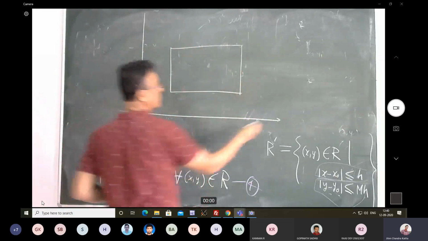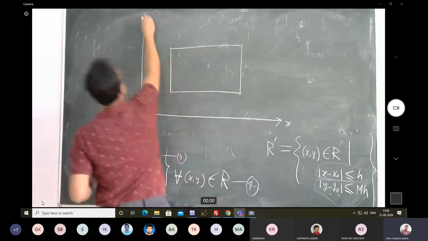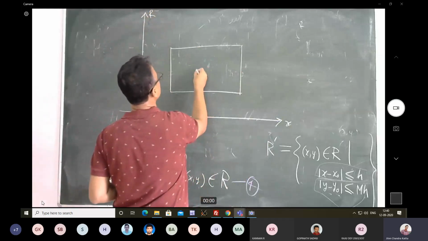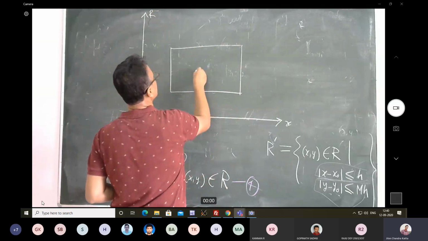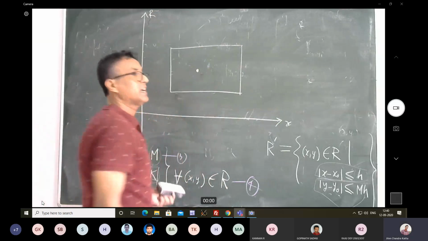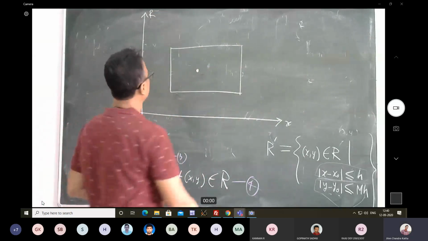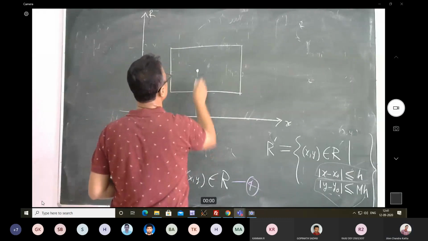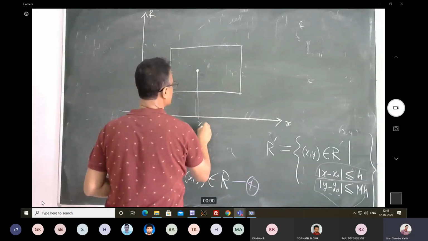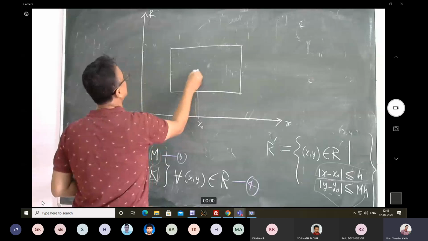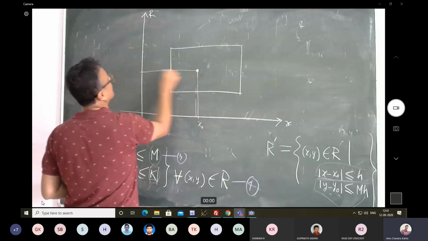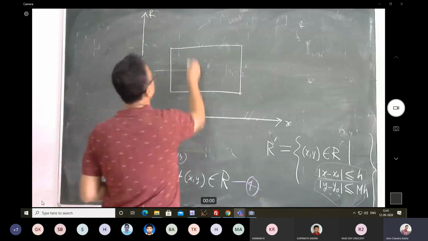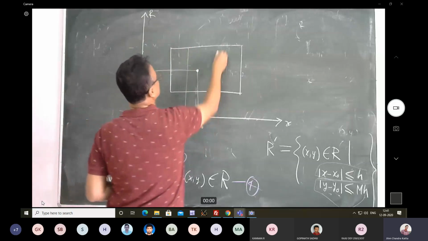This is my original rectangle R, and suppose this is my point x naught, y naught. This is x naught, this is y naught.